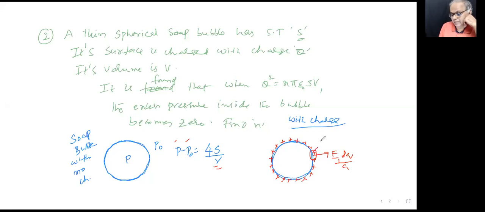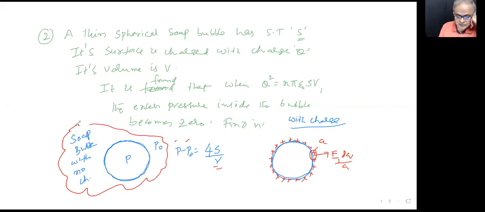This area is A. Keep listening. I'll develop the whole question in a beautiful way. This is the first thing, and we know we have taken this formula from surface tension. Now we charged it. Once you charge it, the repulsion among the charges will be stretching the film.